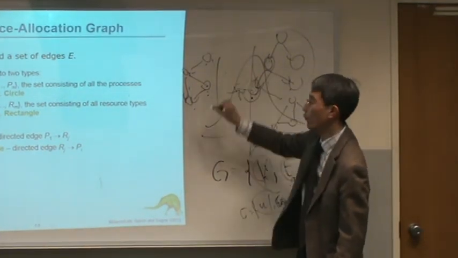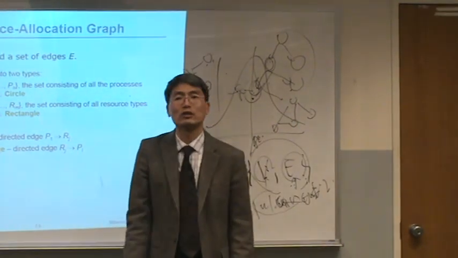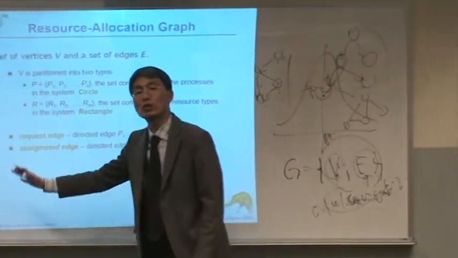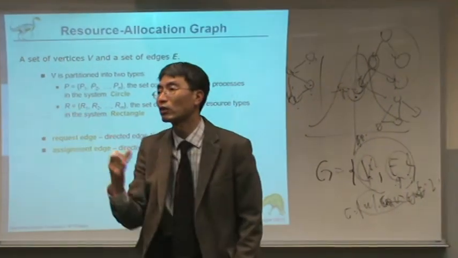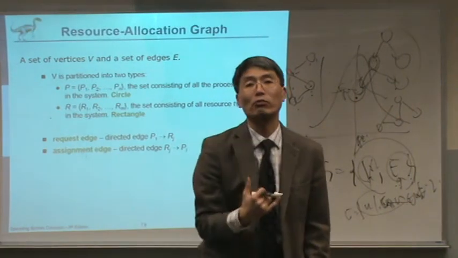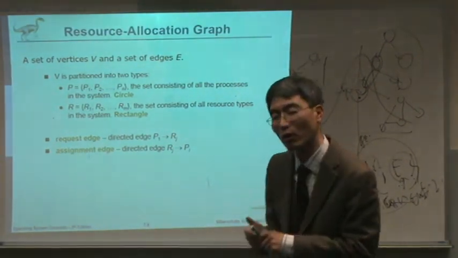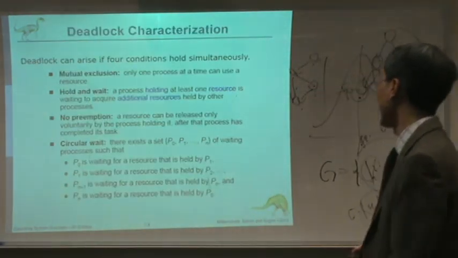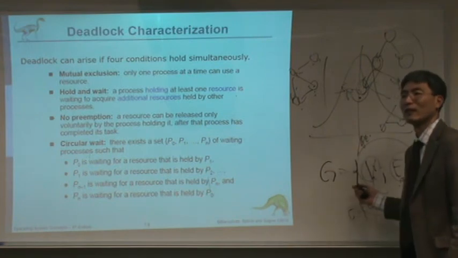If you have certain data, like a number of processes, a number of resources, and you can request a resource, assign a resource, and release a resource from a process, and then we talk about circular wait or hold and wait, how can we define such a model using a graph?